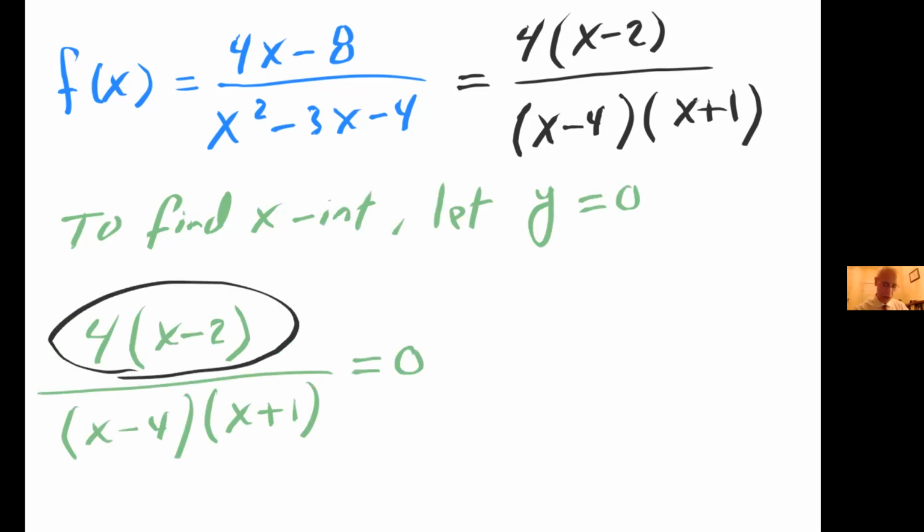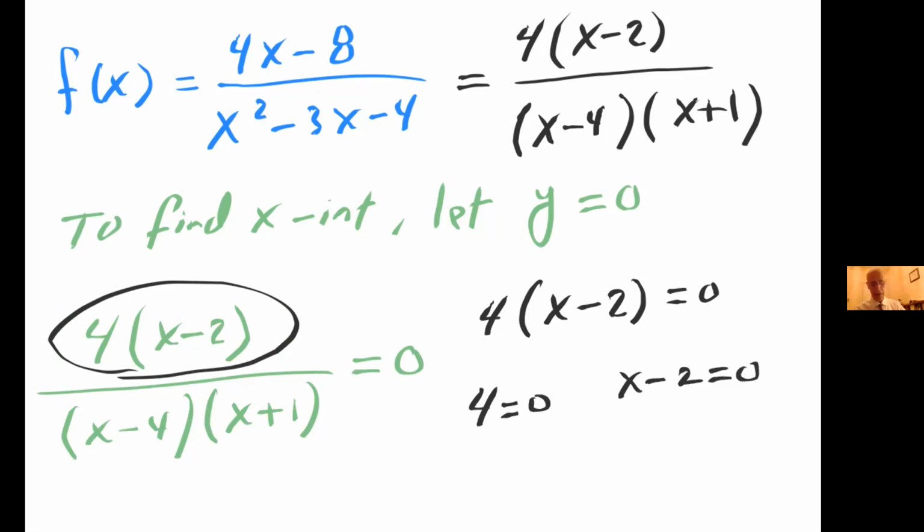Setting 4 times x minus 2 equals 0, using the zero product property, 4 equals 0 and x minus 2 equals 0. 4 equals 0 is nonsense, so I'm going to trash that.